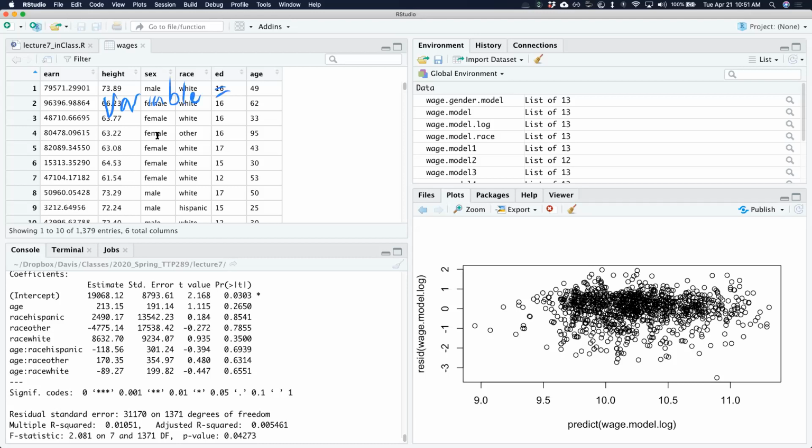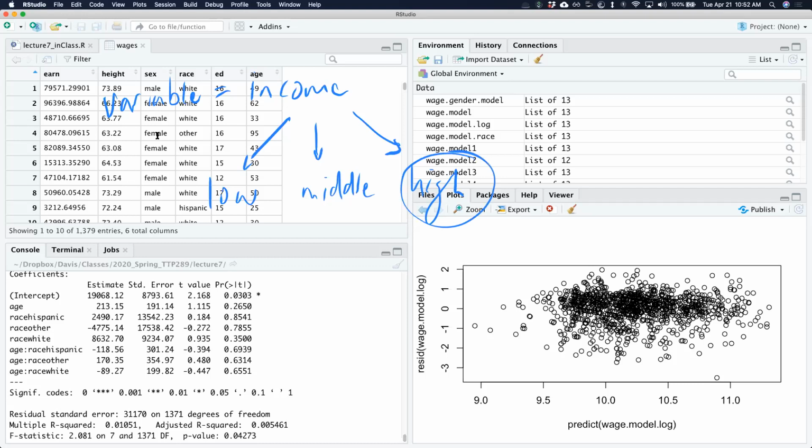In this example, the variable is income with 3 levels: low, middle, high. The way we talk about including this in the regression is leaving one out so that we don't have a singular matrix. So I might leave out high, middle, or low.